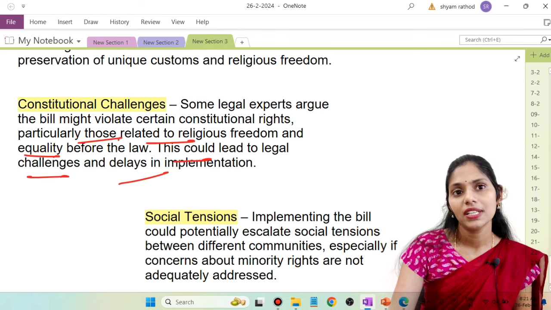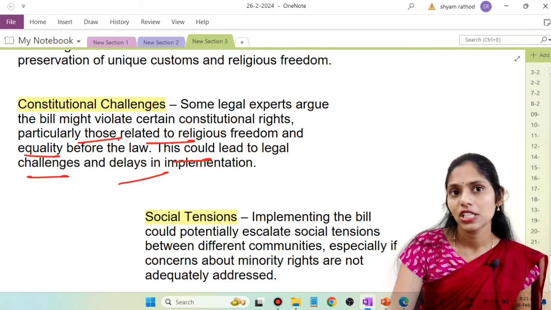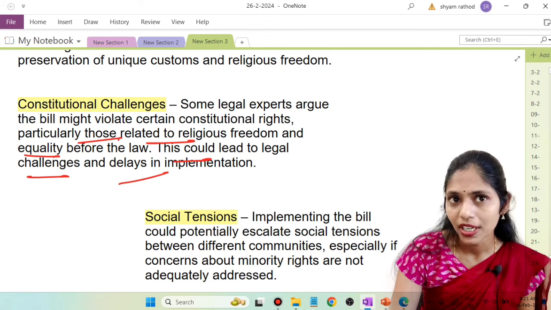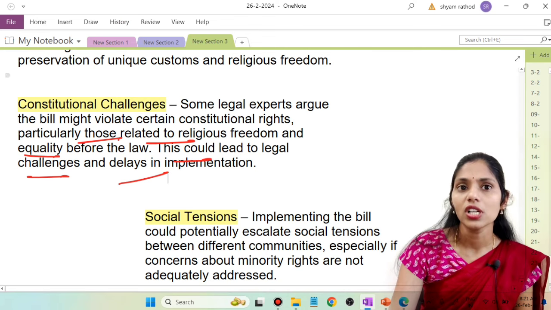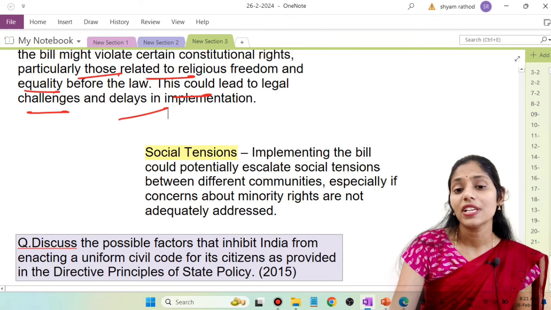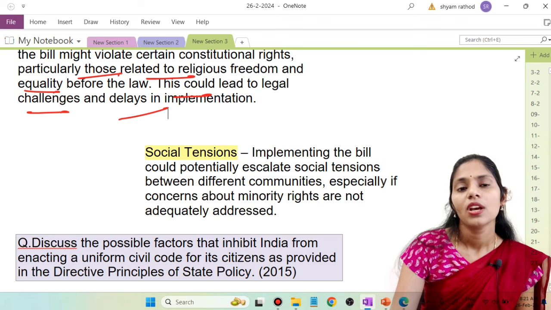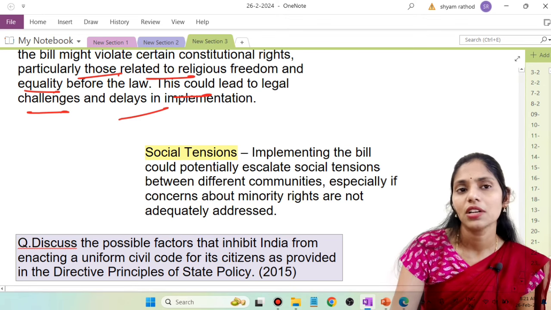So this is the second important negative. And next one is social tensions. Whenever you implement the bill, it could potentially escalate social tensions between different communities. So these are some important concerns that we have.